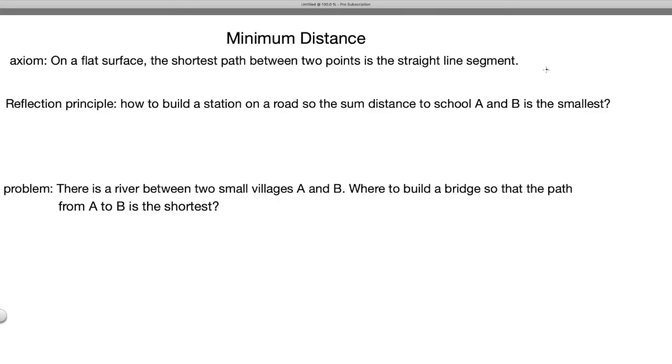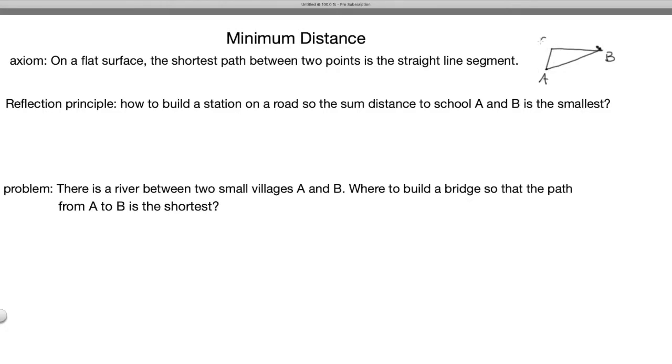So given two points on a flat surface, the shortest path moving from A to B is going to be the straight line segment from A to B, which means that for any other path, including this path, the distance of walking along it is going to be bigger than this.